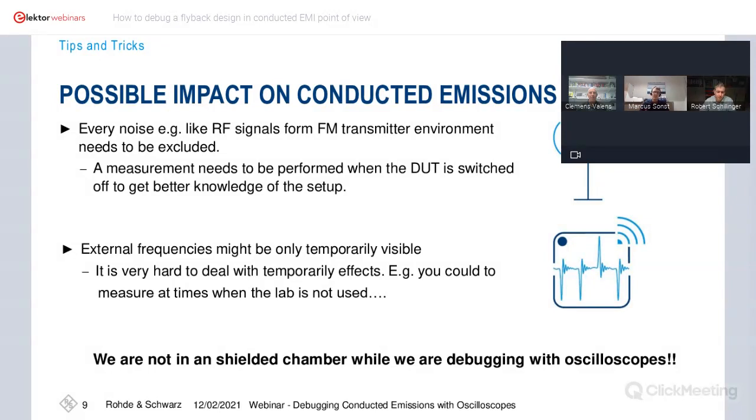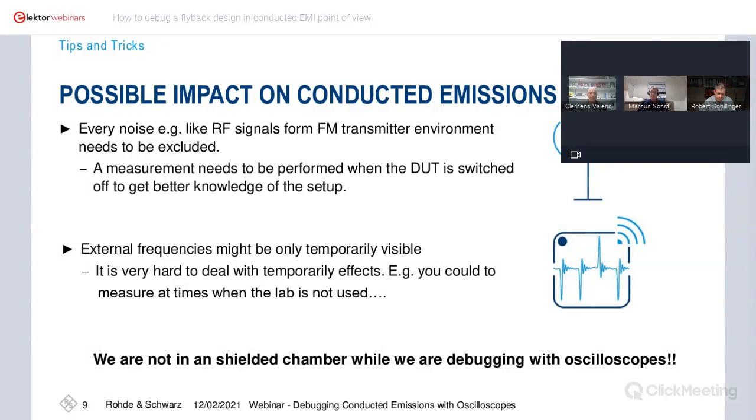Especially this 80 up to 108 megahertz range is quite common in what you see in the spectrum. Therefore, it's always recommended that you do a measurement without the DUT switched on, to get an idea what your environment looks like, what kind of emissions you have to expect. Later on, when the DUT is switched on, this is important information.